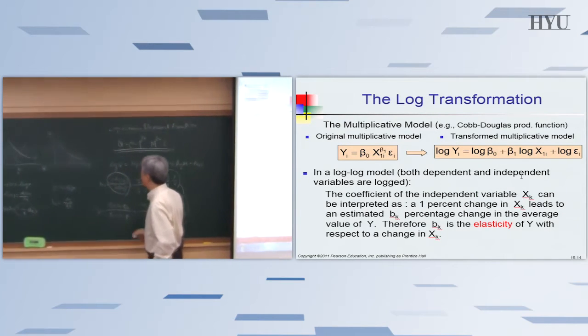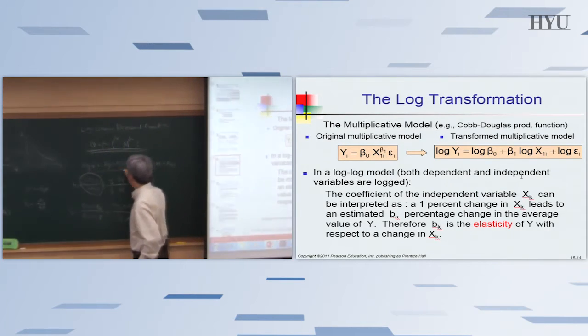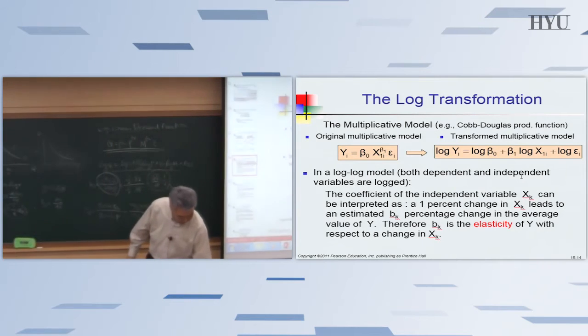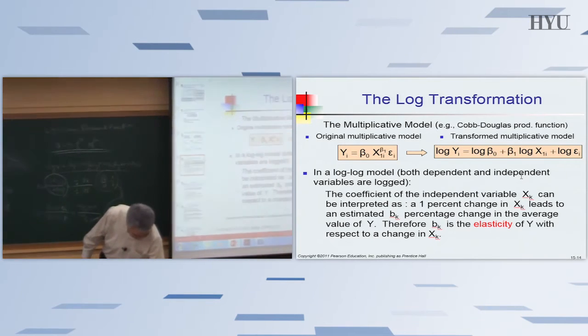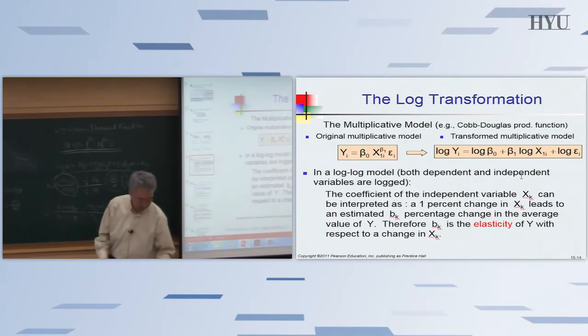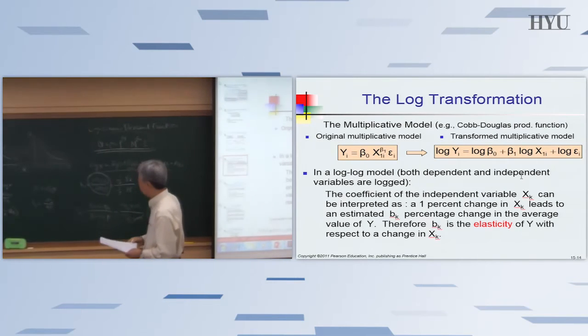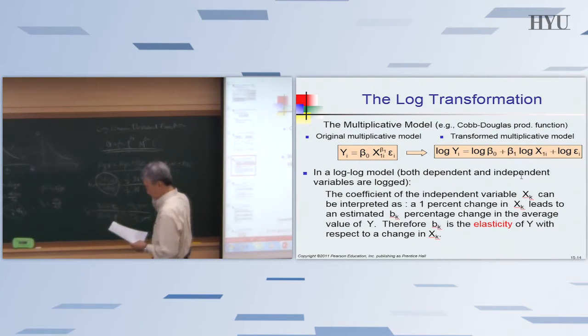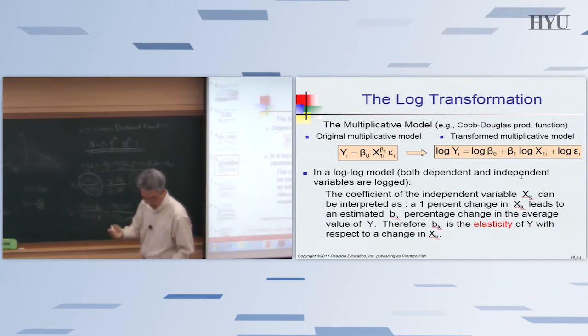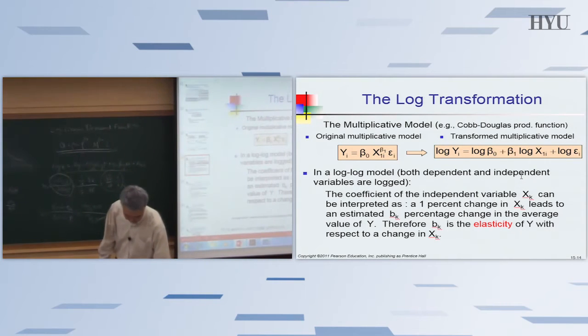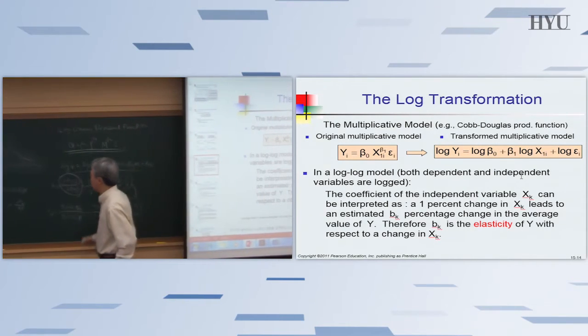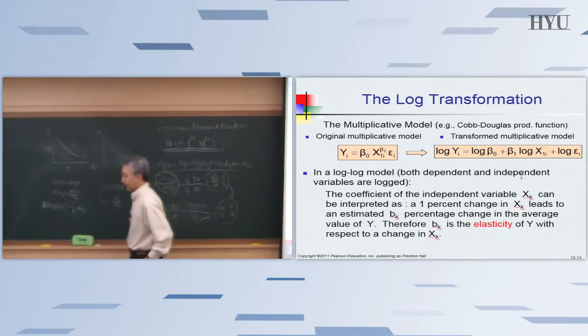You can simply rearrange once you find this equation, so that you will have price on the left-hand side, okay?